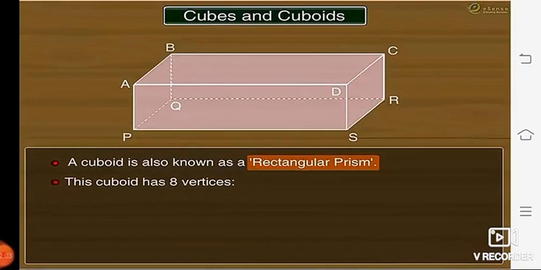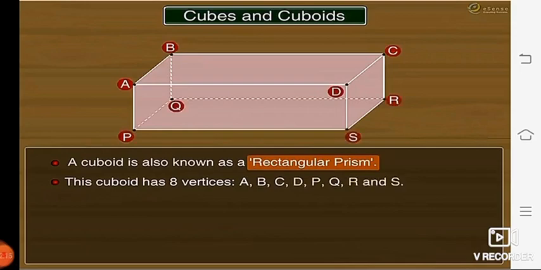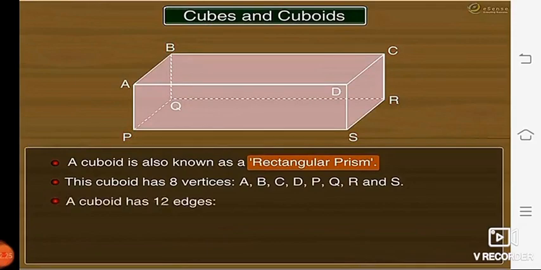What are those vertices? They are A, B, C, D, P, Q, R and S. So there are a total of 8 vertices of a cuboid. Did you understand? Now, the next thing: a cuboid has 12 edges.